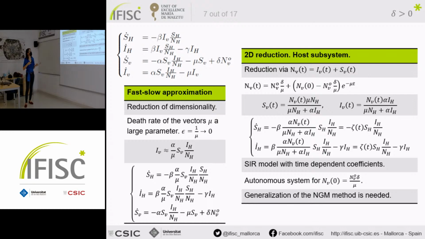So from this, we link to what we said before, that we can only use the linear methods when the initial population of vectors is in its stationary state. If not, a generalization of the next generation matrix is needed, as some authors have done to study this case.